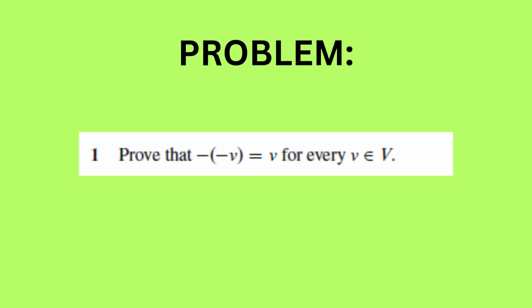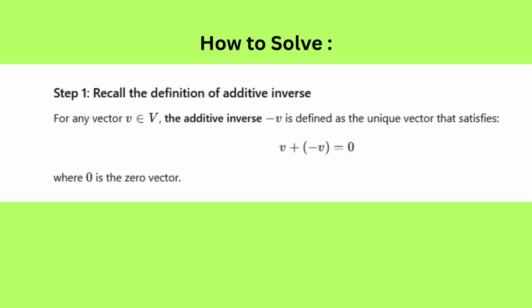That's why I say you need to have a bit of a grounding, because you need to recall different definitions. So what would be an additive inverse in this context?